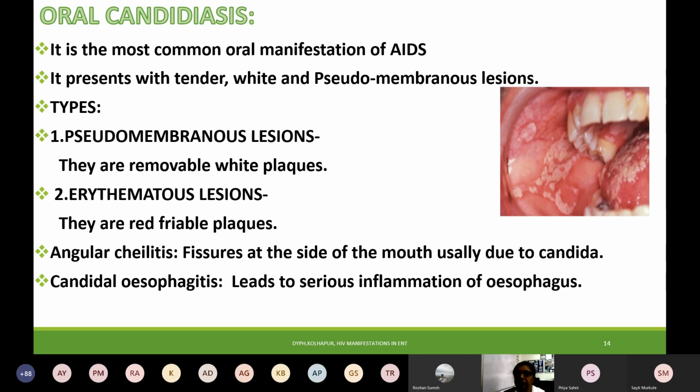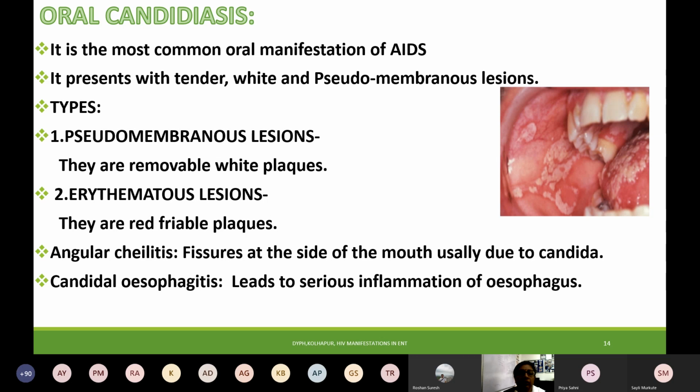It presents with tender white pseudomembranous lesions, which are removable white plaques. Erythematous lesions are red, fibrillar plaques. Angular cheilitis, fissures at the side of the mouth, is usually due to Candida.